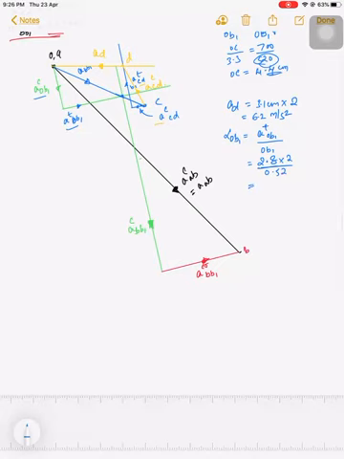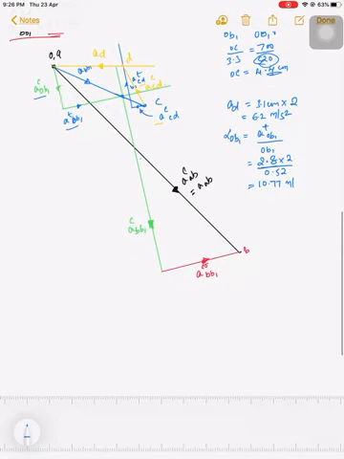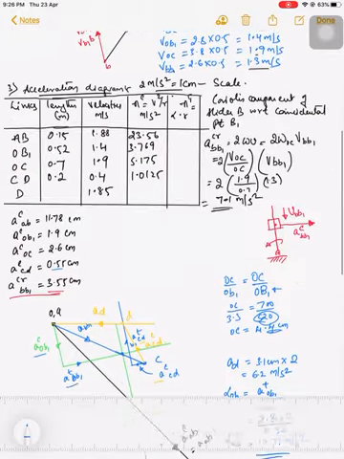So this will be equal to 2.8 into 2 divided by 0.52, which is 10.77 meter per second square.